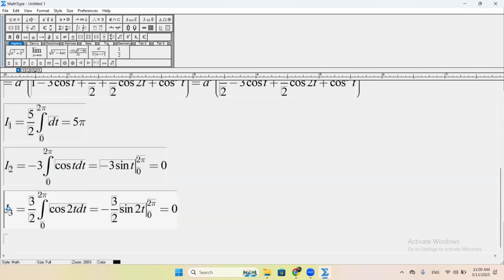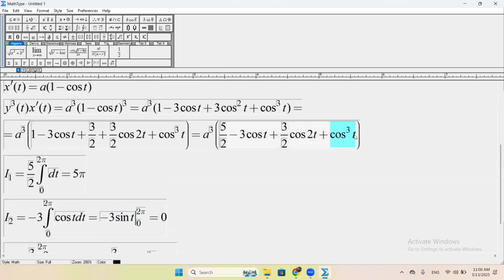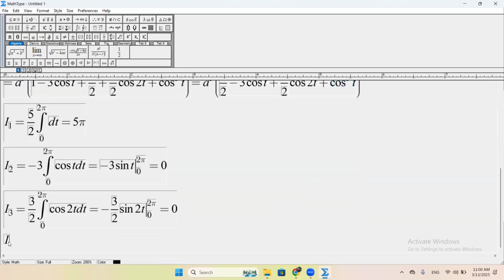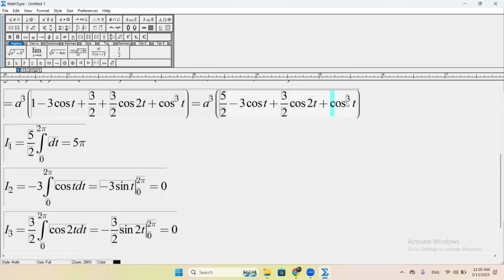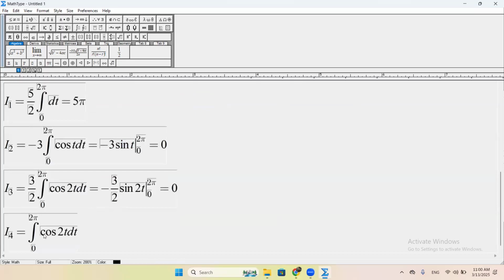Then, okay, let me not calculate this integral in so much detail. We will just write that the integral of cosine square of t will be equal to 0, because we already know it from the previous exercise.